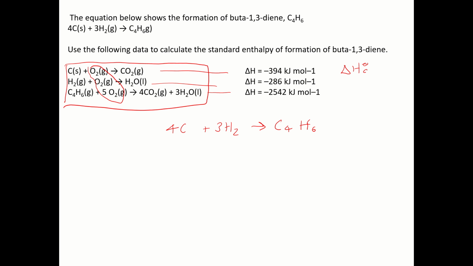So it's combustion, that means everything's burning in oxygen. So there's 4 carbons, so it's going to be 4 CO2 plus the only other constituent is hydrogen, and there's 3 there. So if we write out 3 H2O, now we'll see everything balances.